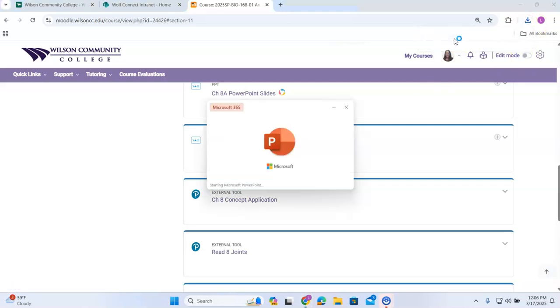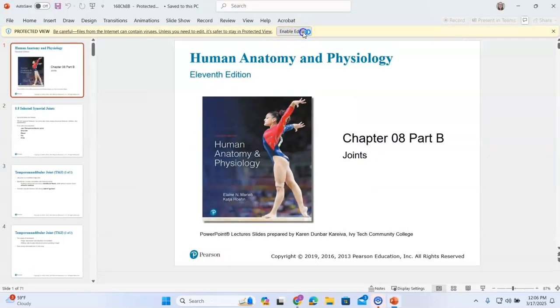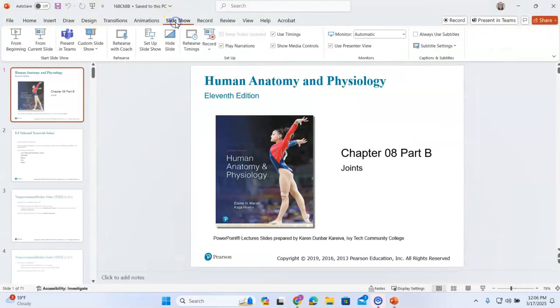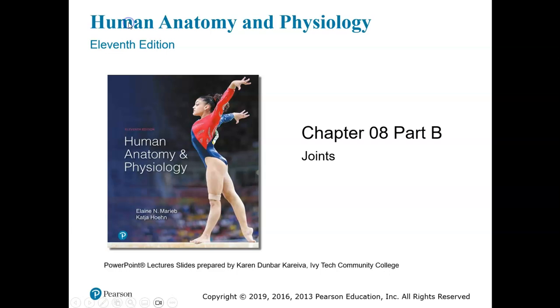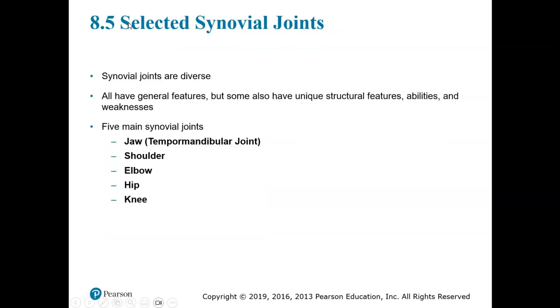From our Moodle course and just go into this material. So slide set B is going to start off by going into detail with some of the synovial joints.